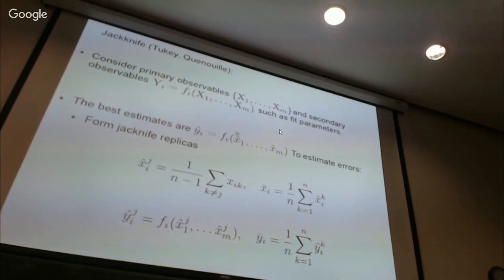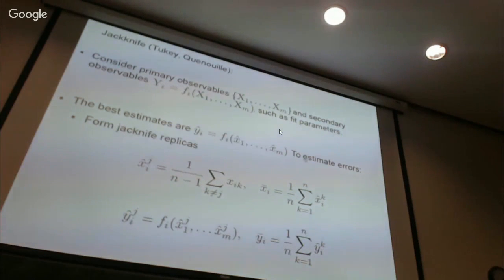So I haven't done any resampling or anything like that. If I want the best estimate for my complicated quantity, I do that on the original data set, and that's it. That's the best estimate. All other estimates could be biased. So don't mess with that. The thing you quote as the answer should not depend on your resampling.